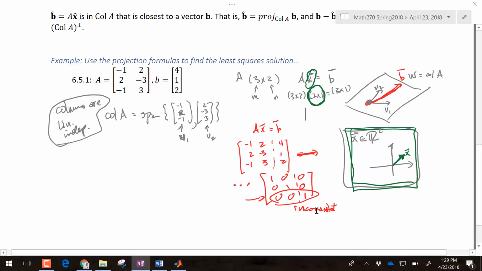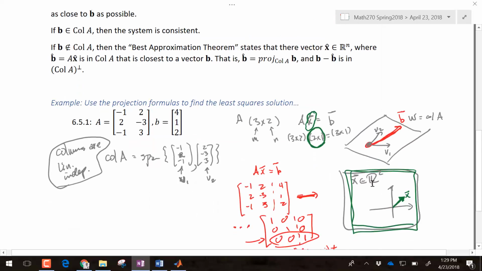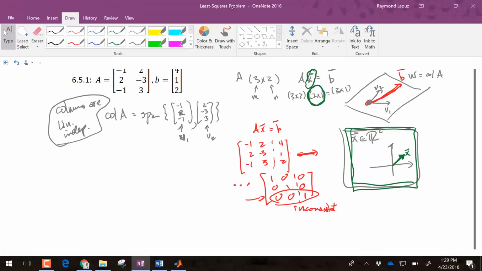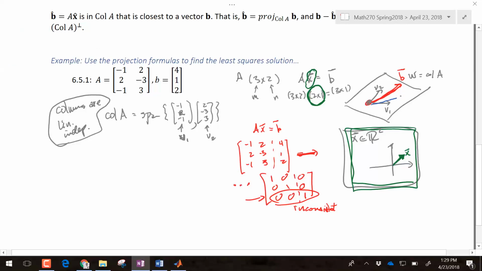All right, so we found out that the system is inconsistent. So obviously we're going to use this information to try to solve the system. What we need, I'll do this in blue, is this vector that we're going to call B hat that's going to be in the column space of A. That's going to be the best approximation to B. So what are we looking for? We're looking for an orthogonal projection.